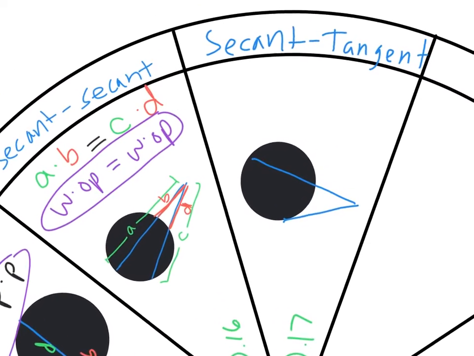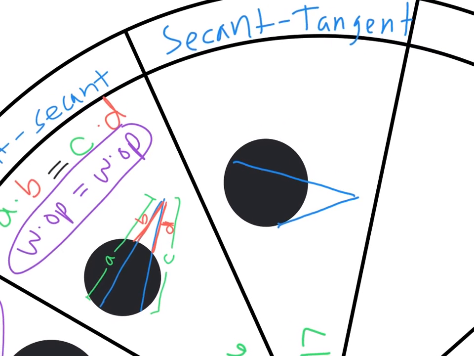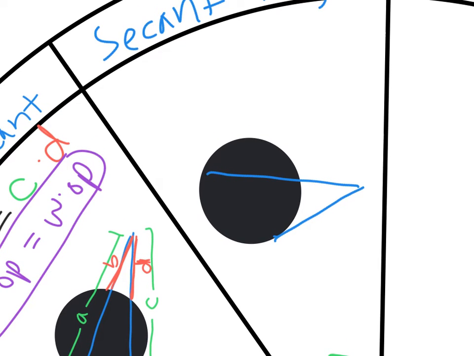Last one is secant tangent, and that's really a variation of what I have with my secant. So I'm actually going to begin this one the exact same way, which is labeling my entire secant as the length A, and then I'm going to label my outside part as B, and I'm going to start off my equation by saying that A times B, where A is my whole and B is my outer part.